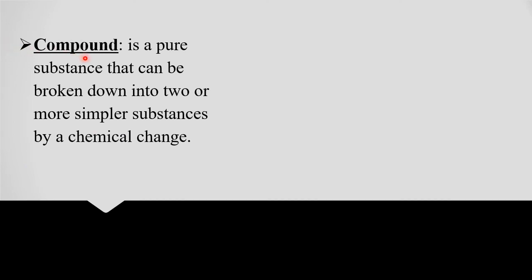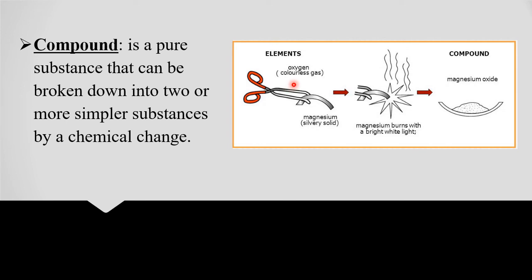Whereas a compound is a pure substance that can be broken down into two or more simpler substances by a chemical change. Example: oxygen is an element. Magnesium is also an element.